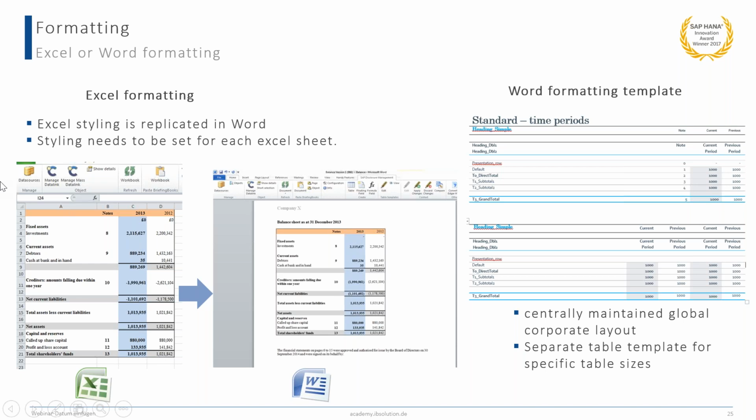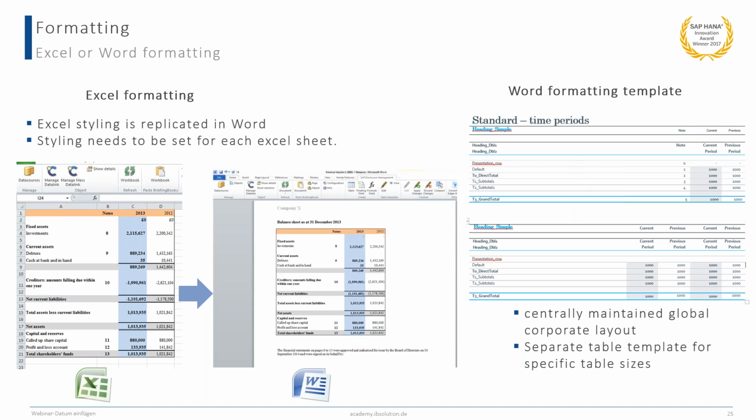Another option, which you may think is more dynamic, is to use the formatting in Word. This is a Word formatting template, a file where you can define the format of all your tables in advance, and then dynamically apply any table format to your corresponding table in the data cache.